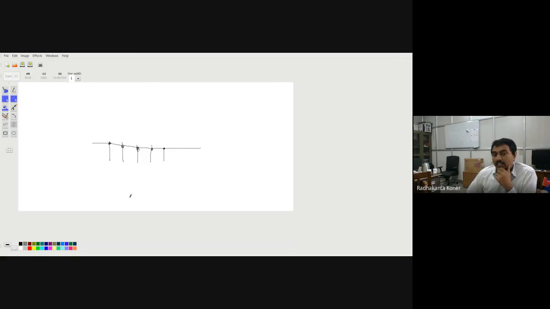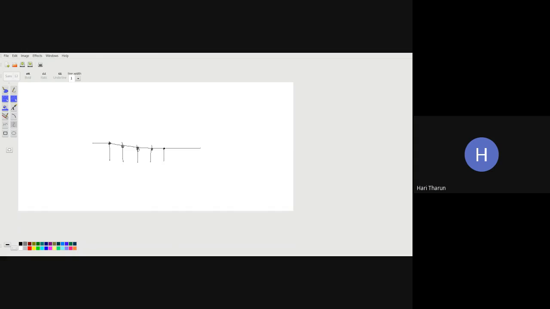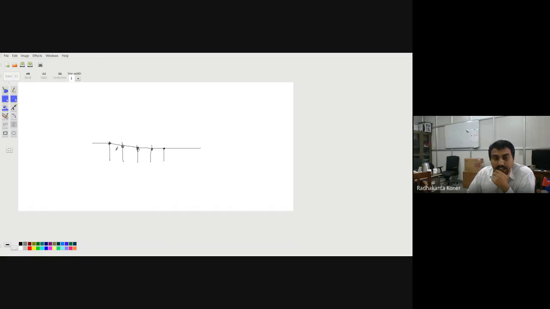If this is the kind of rock bolt installed in a mine, in a rock slope, what is the limitation? Can anybody say? What problem will arise for this kind of slope? Is the screen visible?